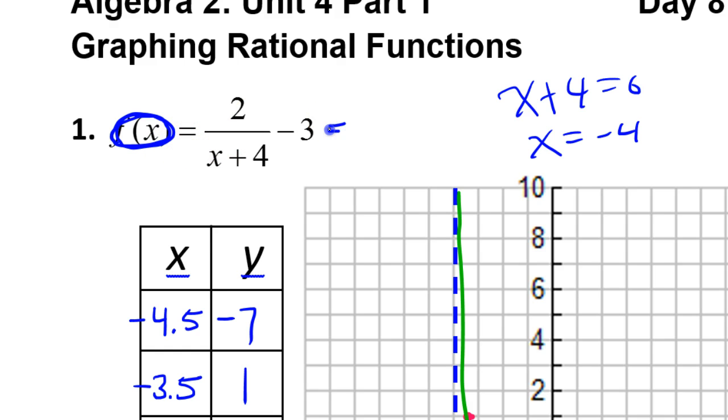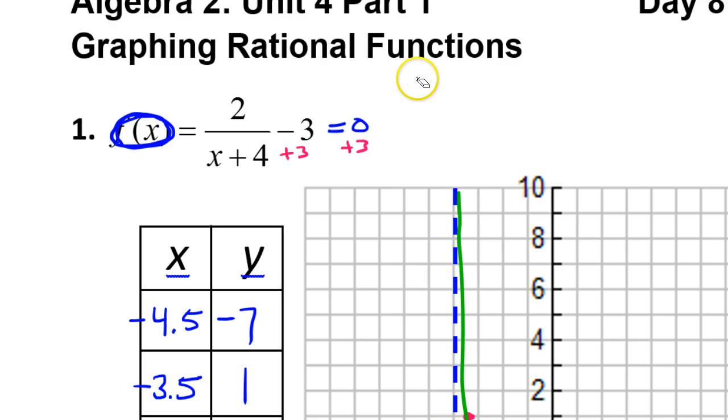I'm going to put it on this side though, just because it makes me feel more comfortable. So if I set the whole thing equal to 0, this is how I find the x-intercept. So I'm going to solve for x right now. I can do that by adding 3 to both sides. Okay, so those cancel each other out.